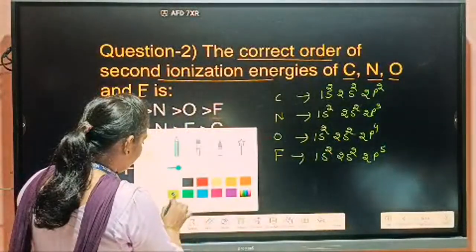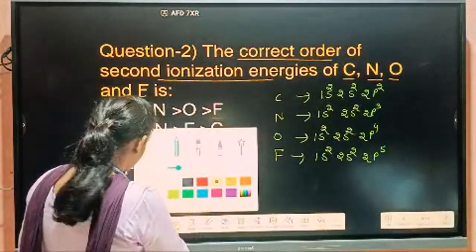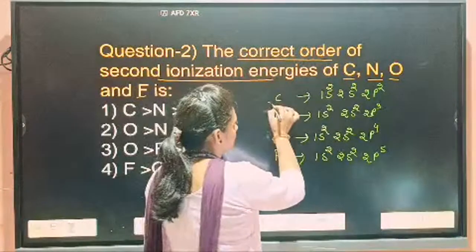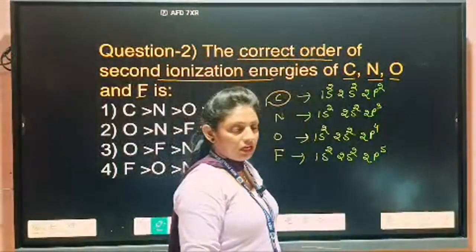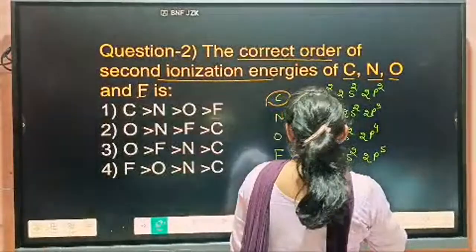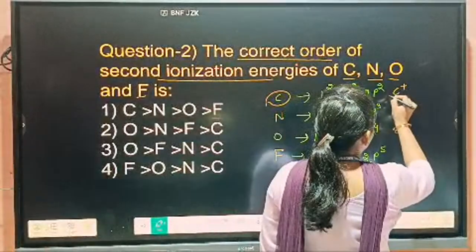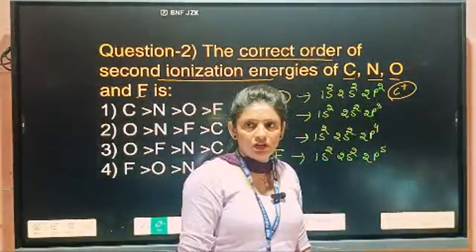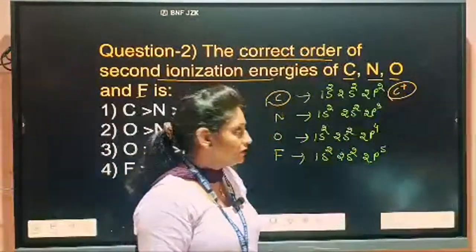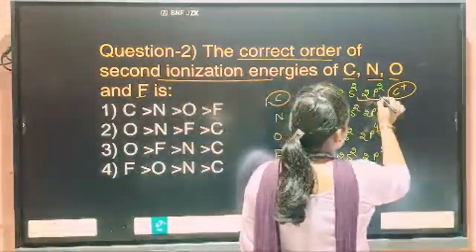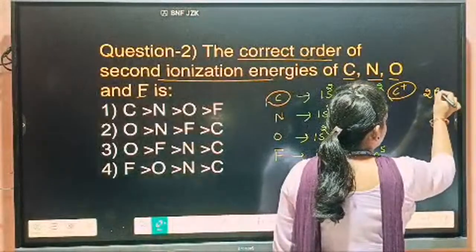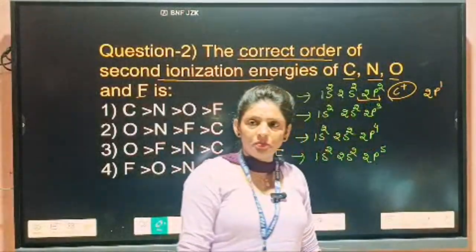After removal of one electron, this carbon converts into C plus. And what will be the configuration? Here in p, only one electron will be there.